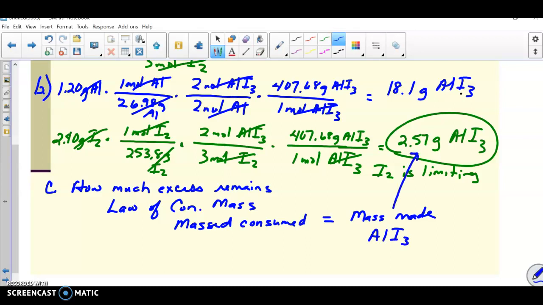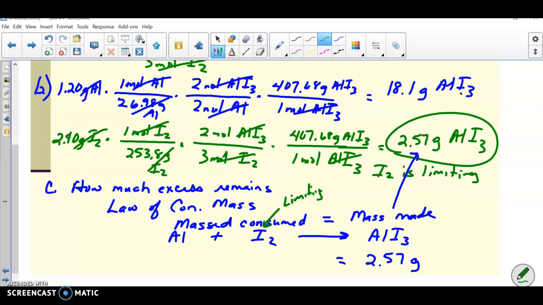And the amount that should be made is that 2.57 grams equals, we consumed iodine plus aluminum. And this was the limiting. Since this one was the limiting, you used 2.40 grams of it, correct? Plus something here, okay? So if I take this and subtract 2.40 here, don't I get 0.17 grams? That's how much I would have used of the aluminum.